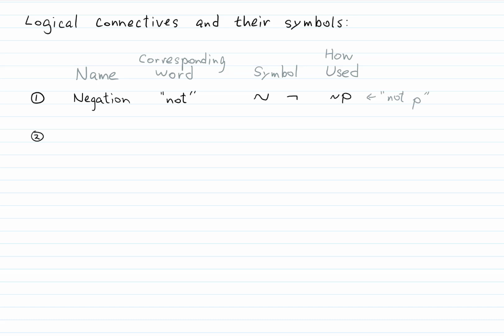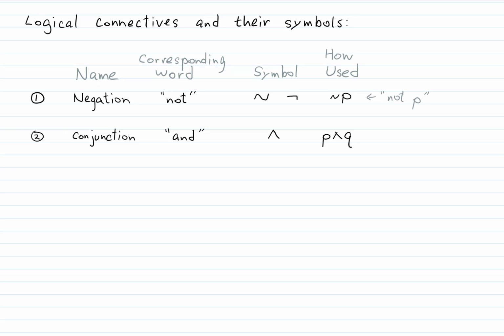It's called a conjunction. The word you should think of with conjunction is the word "and." And the symbol is that, and it's used like this. It is used to connect two statements or statement variables.